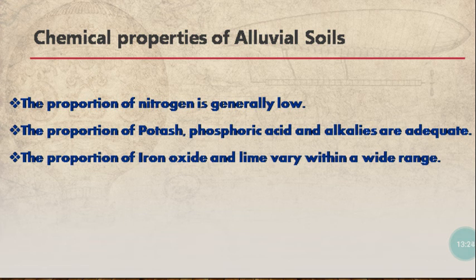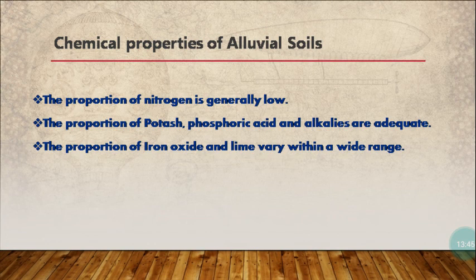These are sufficient in the soil. Number 3, the proportion of iron oxide and lime vary within a wide range. That means area wise this proportion of iron oxide and lime varies. Somewhere it is very high, somewhere it is less. That depends on the area.